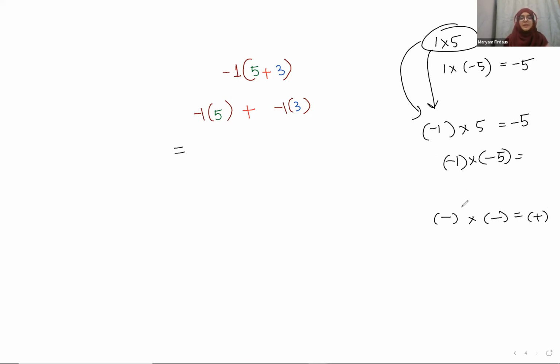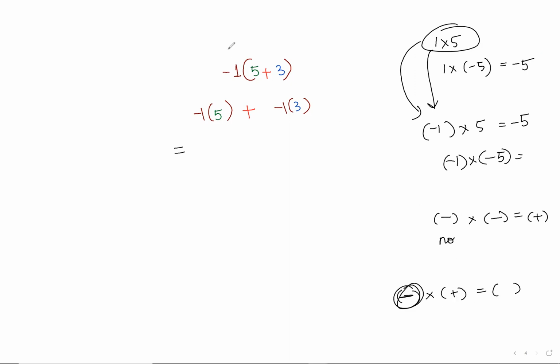Because once again, let's give a different example. So negative multiplied by positive, what does the resultant sign give us? It's negative.